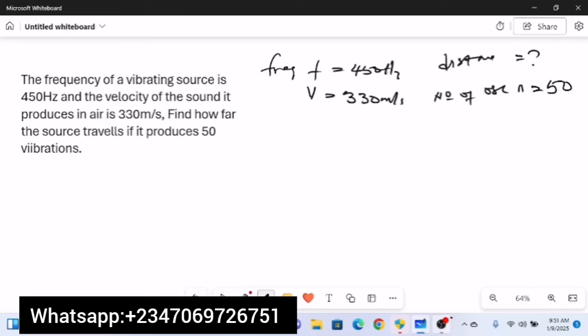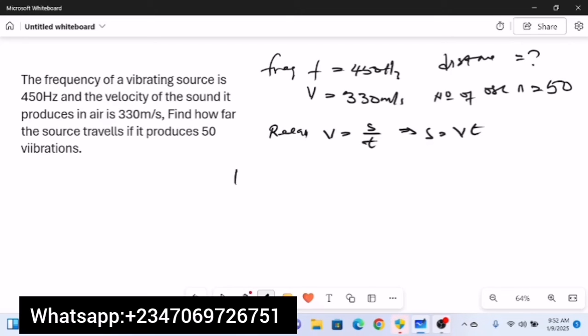Since you're asked to find distance, recall that velocity is distance over time. So this simply means your distance becomes velocity times time. We know the velocity, but we don't know the time for 50 vibrations.